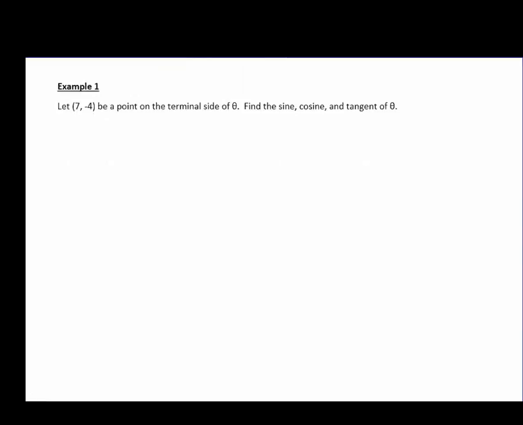We're going to let the point (7, -4) be a point on the terminal side of our angle. If (7, -4) is on the terminal side, then this point is going to be somewhere along that terminal side, and so we can make a right triangle out of that.